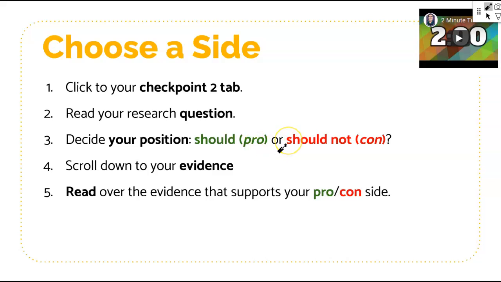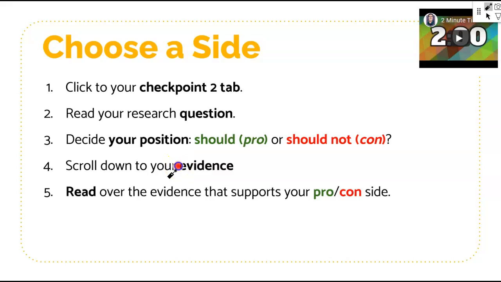If you believe that that should not happen, then you are on the con side of the argument. So read your question and decide for yourself, what side are you on? What argument are you going to try to make? Pro, yes, or con on the no side.